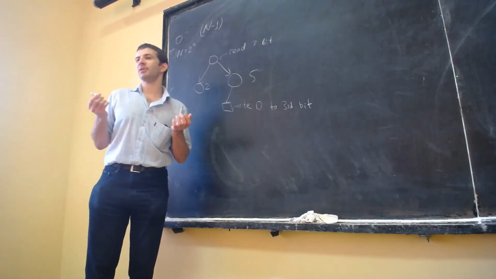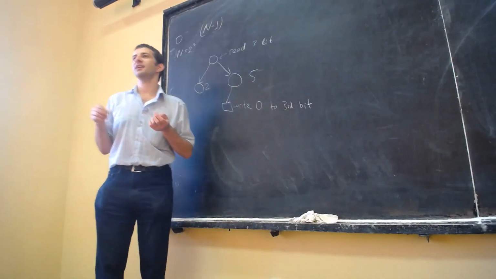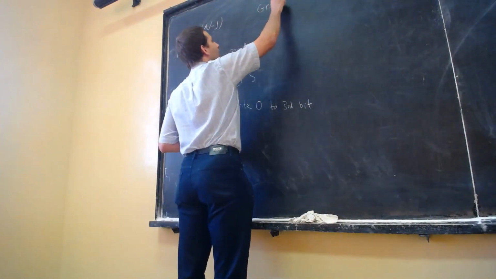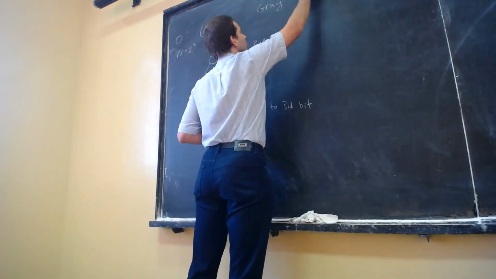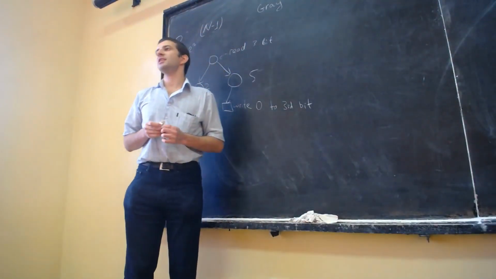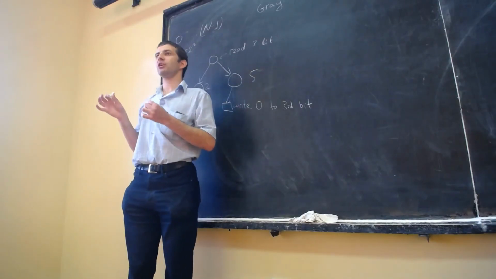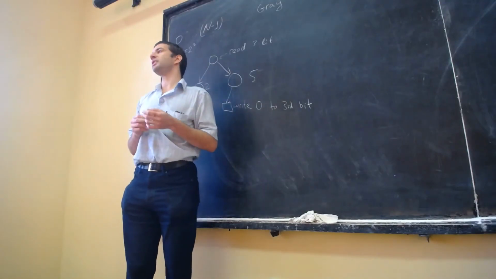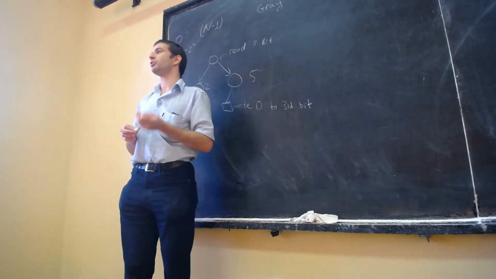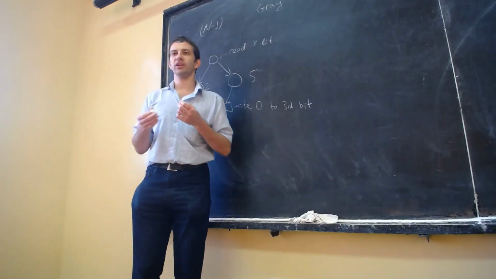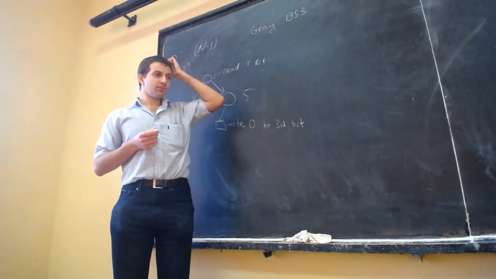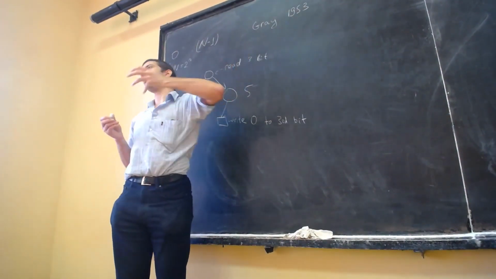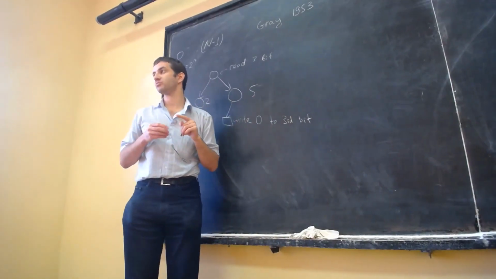There is the patent of Gray from the year 1953, which says that even if we don't care about how many bits we read, but we care how many bits we write, we can write only 1 bit per increment. So by the implementation of the Gray code, we read all the bits, but write only 1 bit per increment.